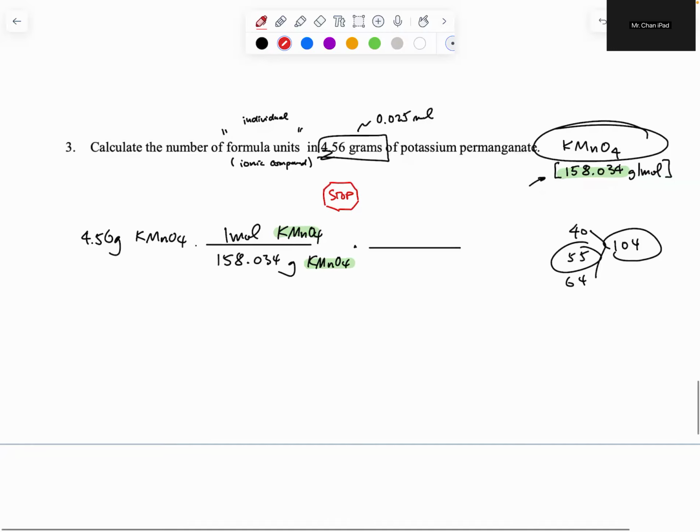What are you finding? Well, for the first stop right here, we will be getting the number of moles of potassium permanganate. But is that our answer? No. It's not. That's not our answer. Because why? We're asking for the number of individuals. Now we have the number of groups. Great, but we want the number of individuals.